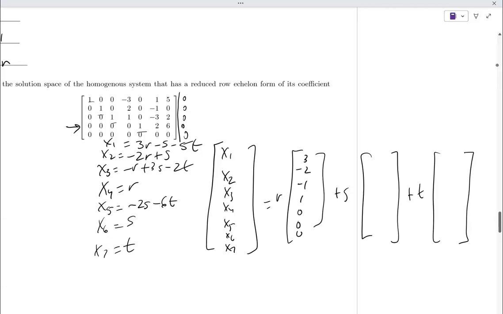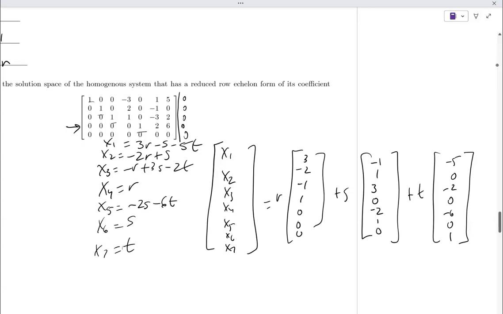Good. And 3, negative 2, negative 1, 1, 0, 0, 0 there for the r's, right? What about the s's? Good. And the t's. Good. All right. So remember we wrote that in that parametric form? That's what we called it before, a parametric form.